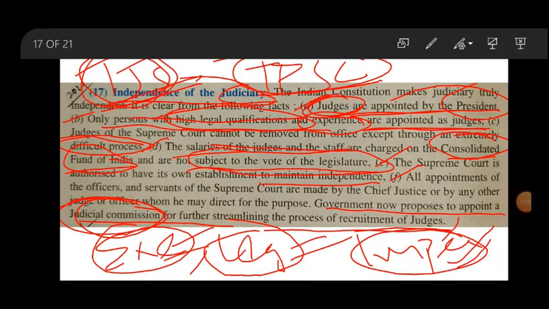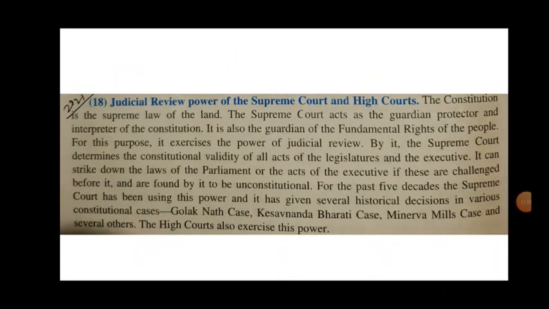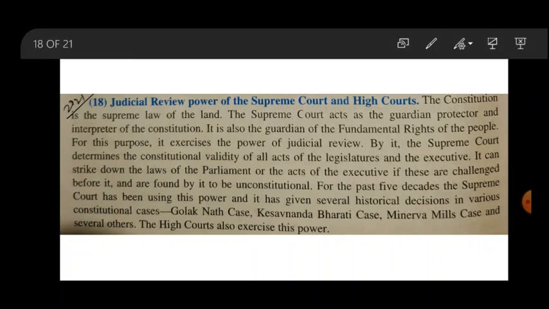Next point is judicial review, the power of the Supreme Court and High Courts. So judicial review is another very important part of democracy. Here the Constitution is the supreme law of the land.